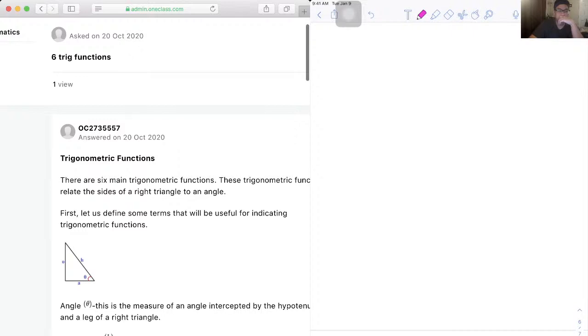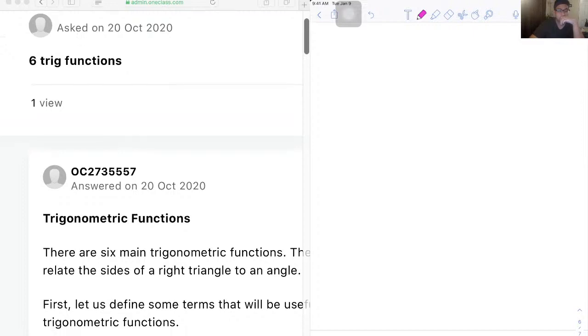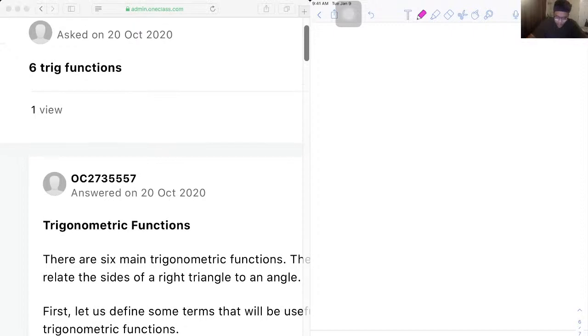Okay, so next we have the 6 trig functions. Let's write it down here. 6 trigonometry functions.